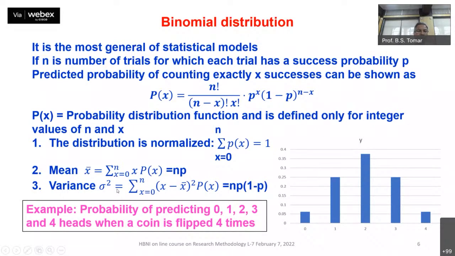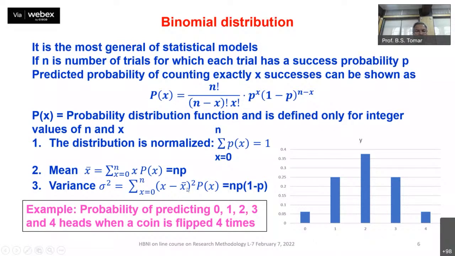The variance, the second moment, is the measure of dispersion, sigma square, which is again, as I discussed, x minus x bar square into p(x). Those who are in physics and maybe mathematics will know these are the expectation values of the first and second moment of the distributions.